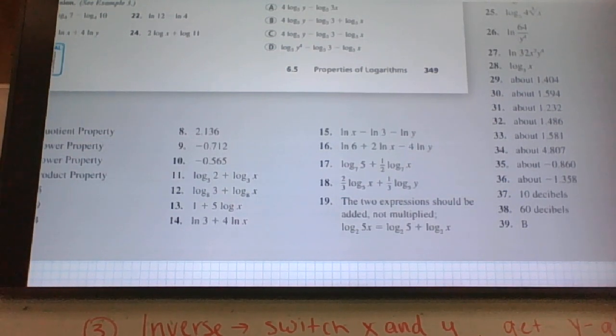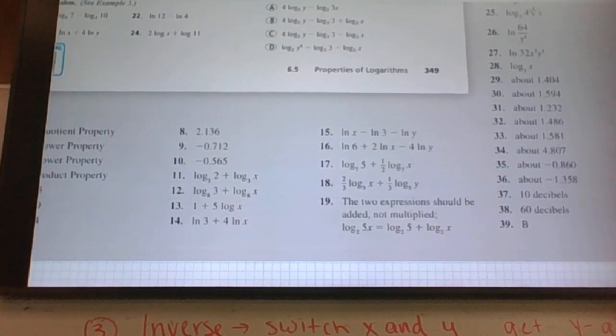Number 11. I only have like 5. Oh, perfect.